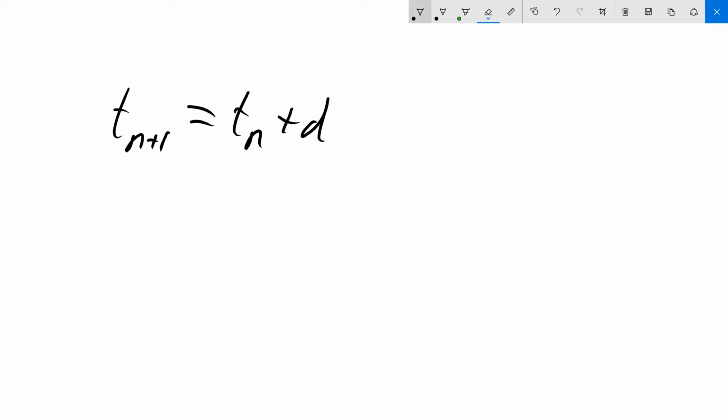So this is the recurrence relation, and I told you that d is actually minus 3, right? And the starting term is equal to 10, and I want you to work out the third term, right?